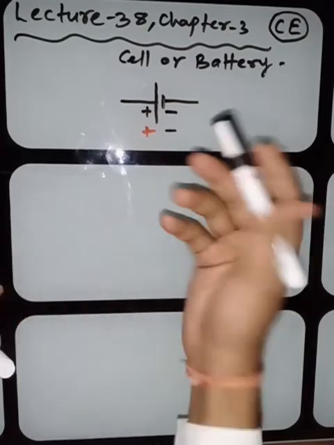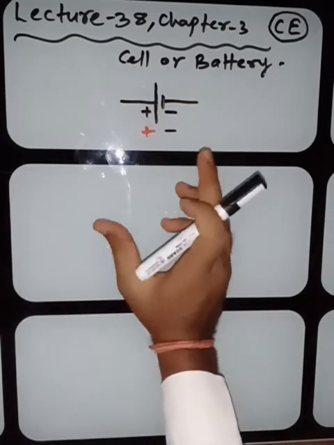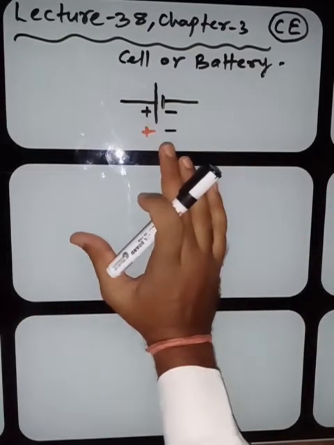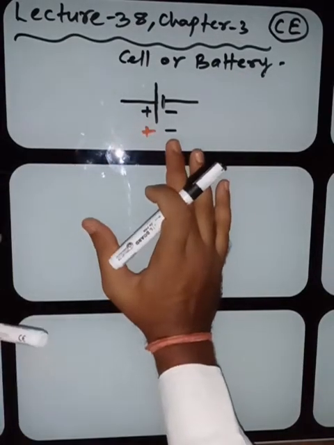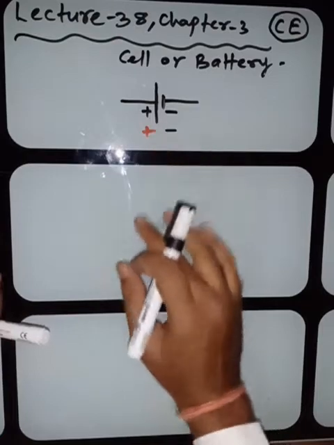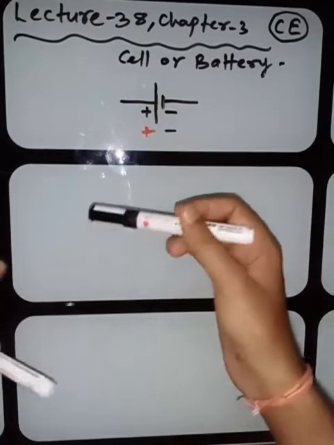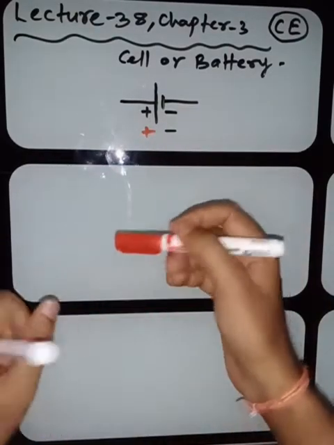In your household circuit the connecting wire is of two colors, black and red. The black one is neutral, that is the negative, and the red one is the positive. So that is the cell.